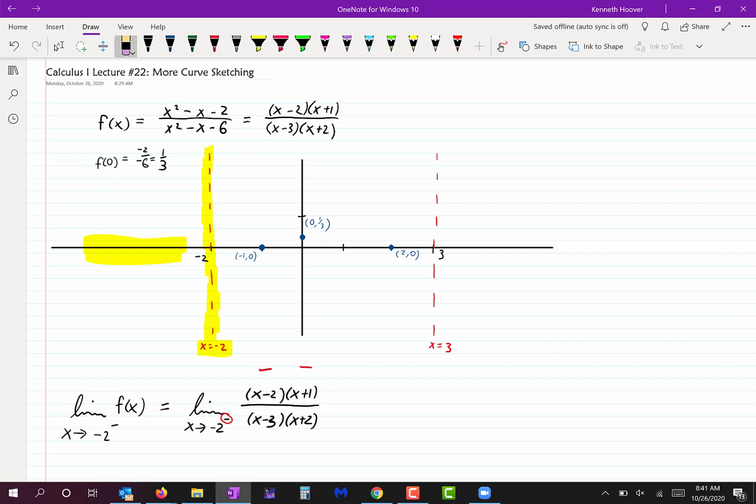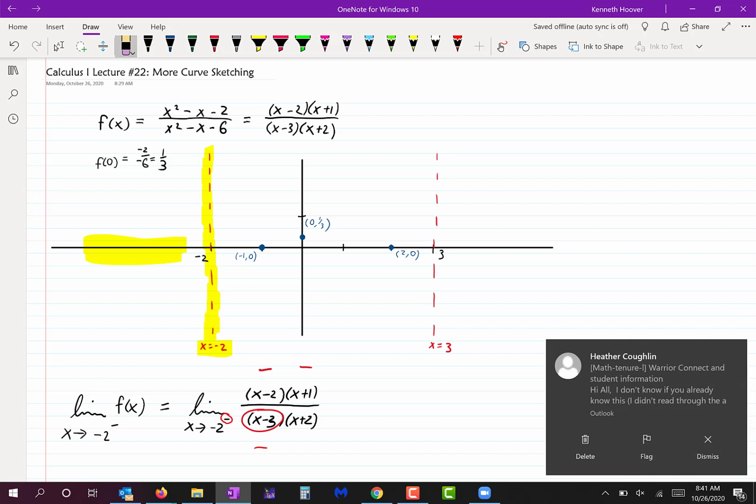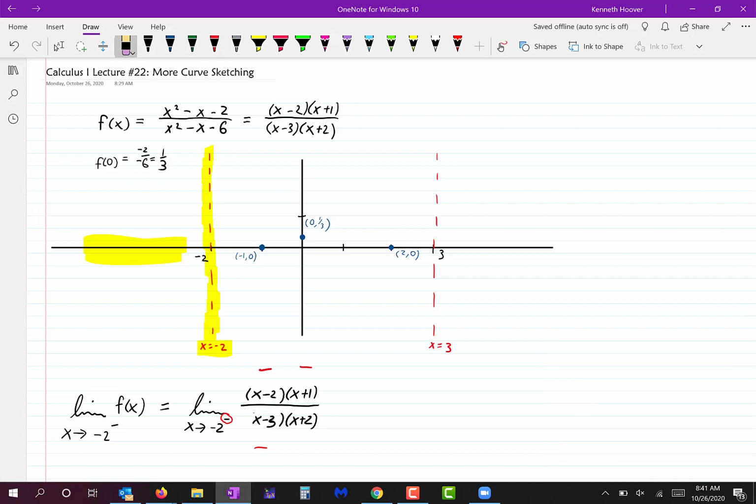So the top is positive. Now let's look at the bottom. When you plug numbers that are less than -2 into here, what do you get?